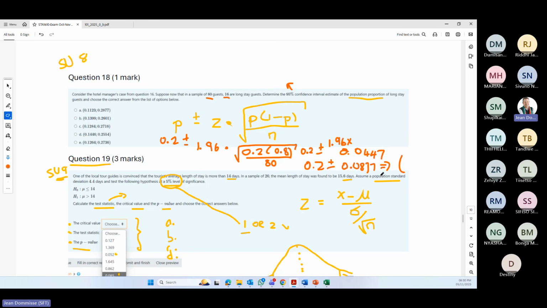lower one is 0.2 minus that, and let's hope there is an answer. 0.1123. So it is at least, oh, there wasn't answer selected. And then to the top is 0.2877.